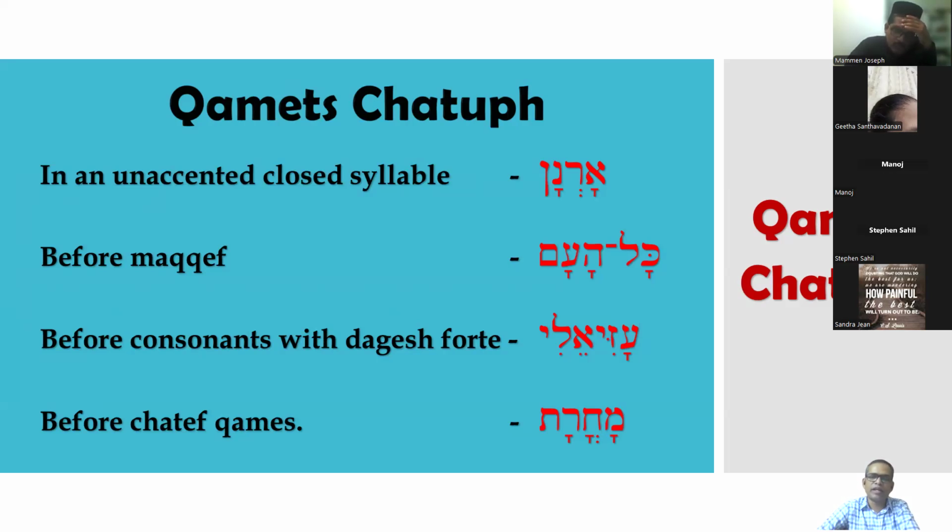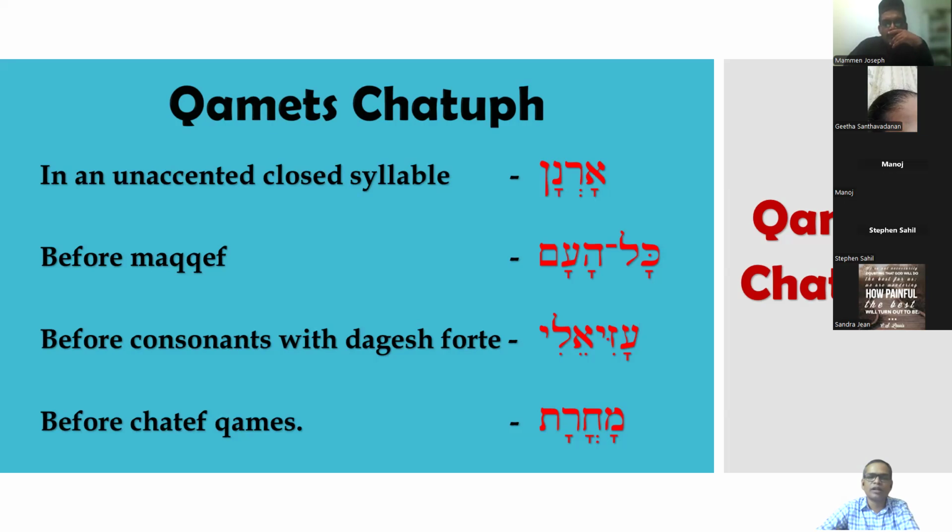Sometimes gutturals have a letter before them, and if the gutturals are carrying composite or compound shevas, the corresponding vowel will be there in the counter. So here you see Mohoret.